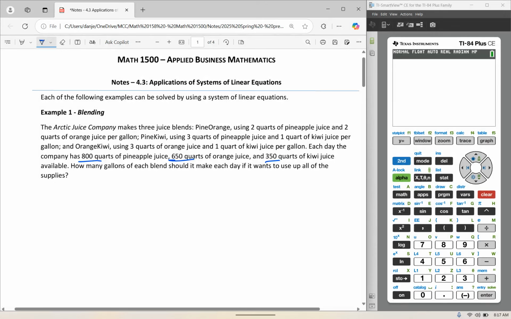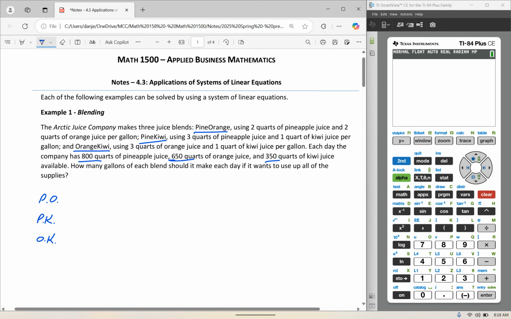So the first thing I need to do is figure out what equations I'm working with and what the variables are. I'm going to abbreviate pine orange as PO, pine kiwi as PK, and the orange kiwi blend as OK.